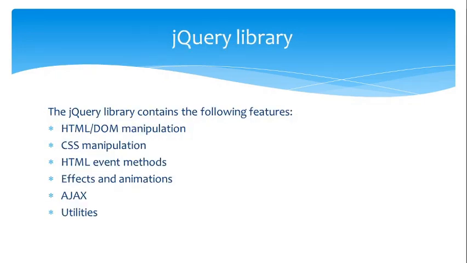Okay, what is the jQuery library? The jQuery library contains the following features: HTML or DOM manipulation. HTML is hypertext markup language, and DOM is the document object model.